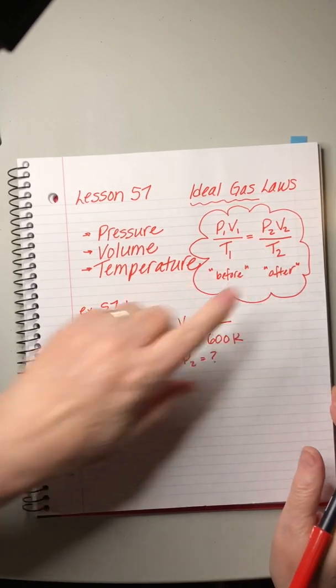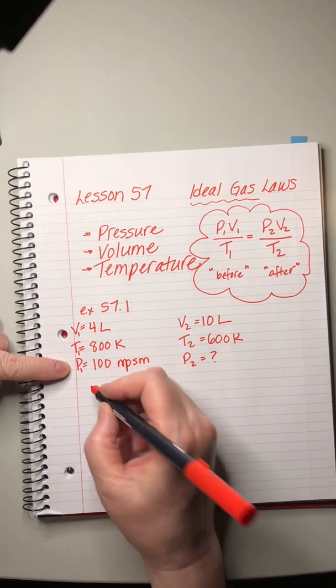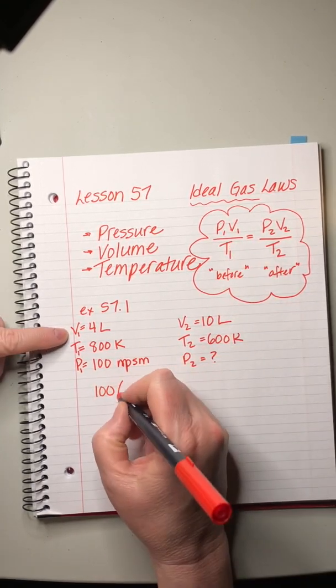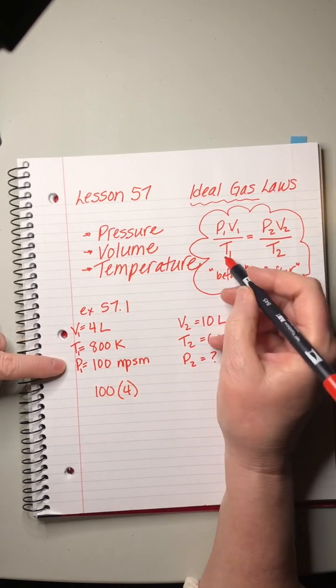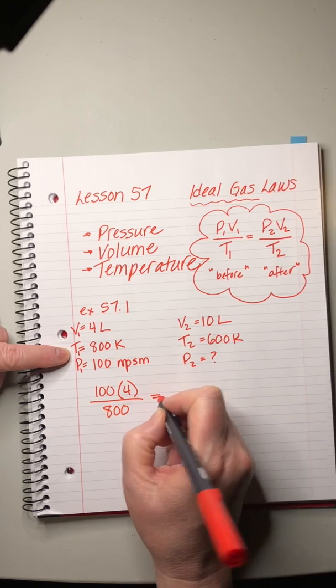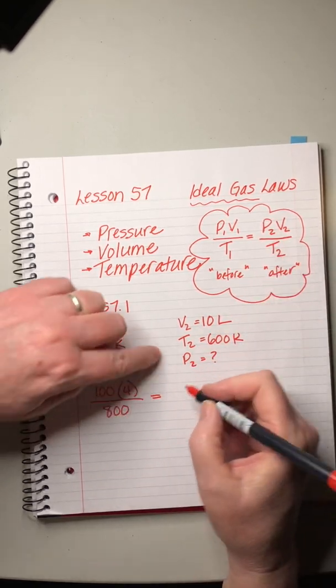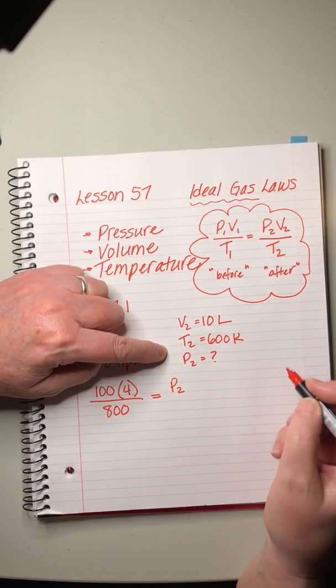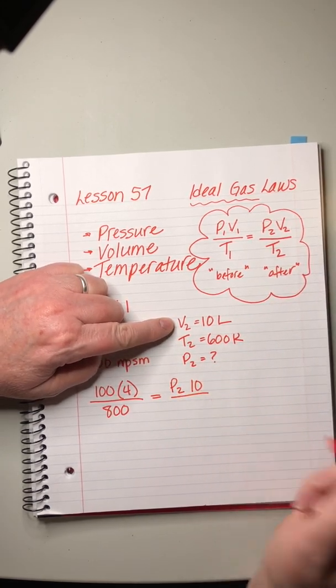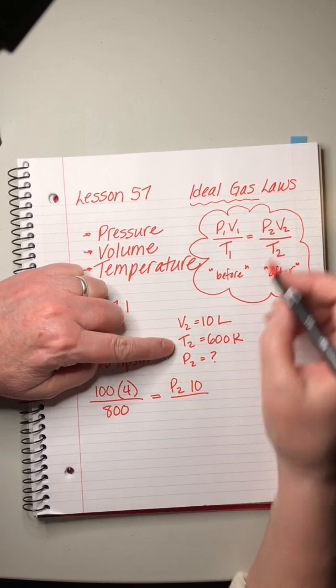We're going to use this to set it up. The first pressure, 100, times the first volume, 4, divided by the first temperature, 800, equals the second pressure. Oh, we don't know that, so we'll just write P2. The second volume, 10, divided by the second temperature, 600.